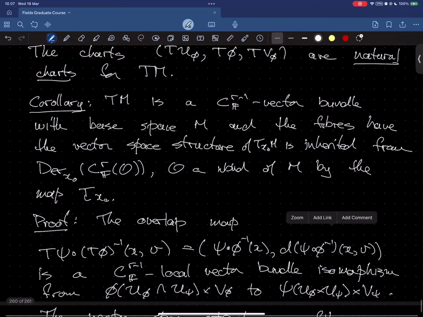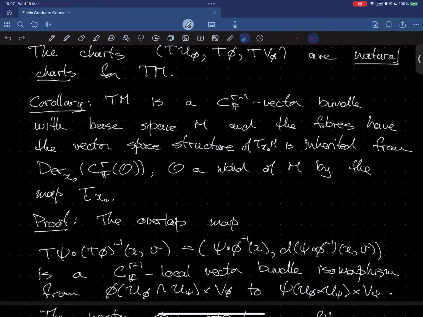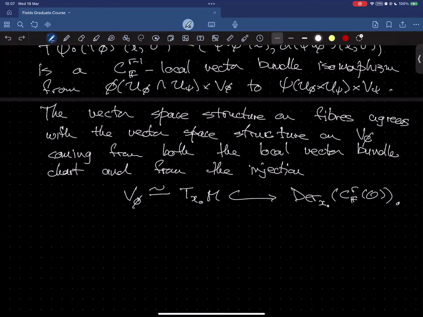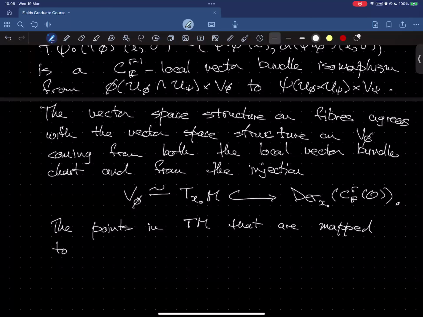And then the final thing to prove is that the base space is M. So remember what the base space is.